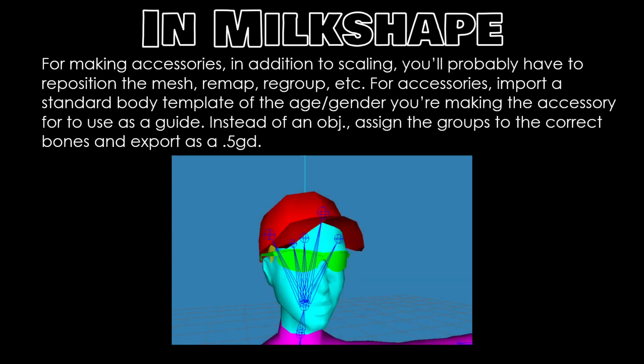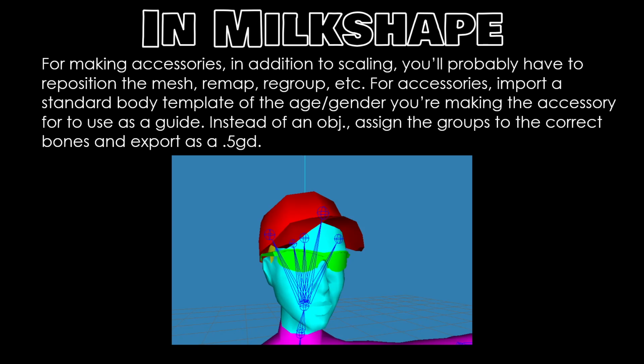For making accessories, in addition to scaling, you'll probably have to reposition the mesh, remap, regroup, etc. For accessories, you would import a standard body template of the age, gender that you're making the accessory for. And then instead of exporting as OBJ, you would assign the groups to the correct bones and export as a 5GD.